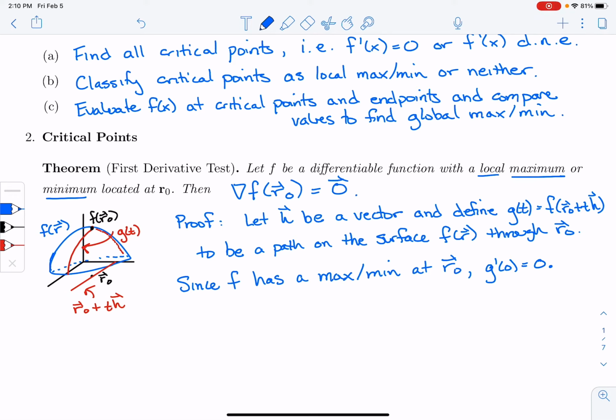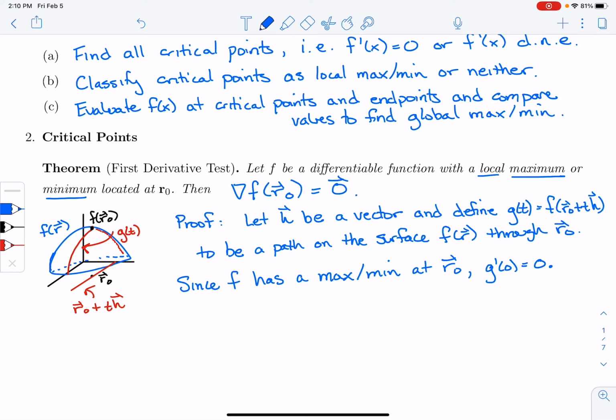And so if my multivariable function has a maximum at f of r0, then I should be able to draw a path through that point, and the maximum of the path through that point should occur at g of 0. And if that's the case, then g prime of 0 would need to be 0.